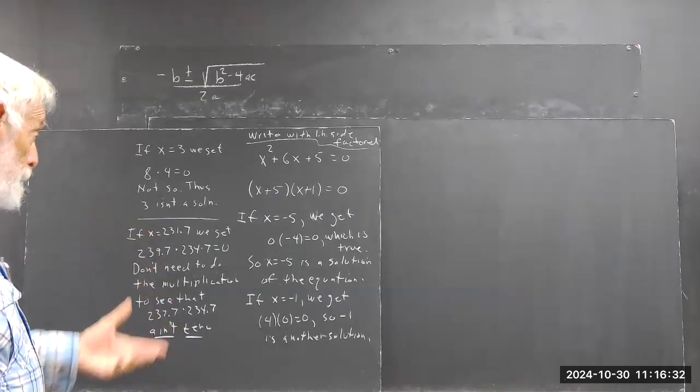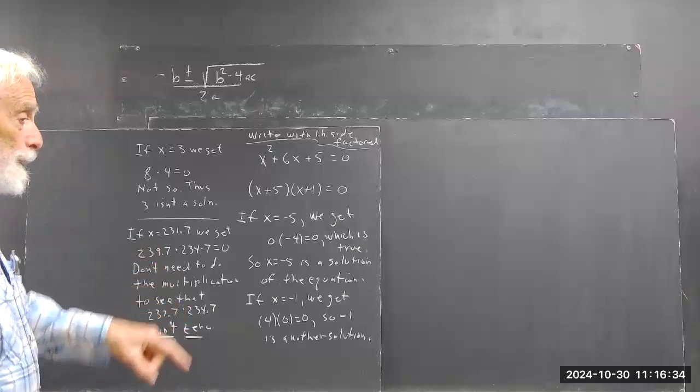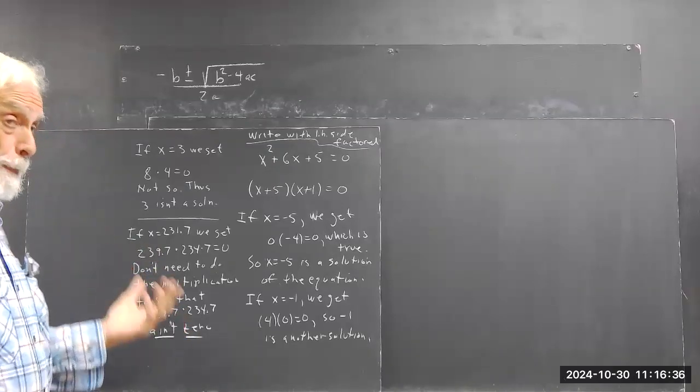It's not 0. Why? Because the only way you can get 0 when you multiply is for one of the numbers to be 0.